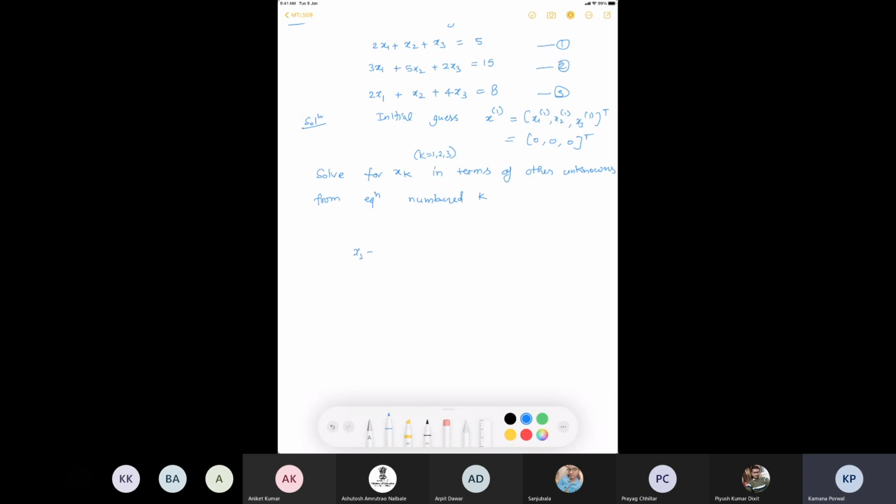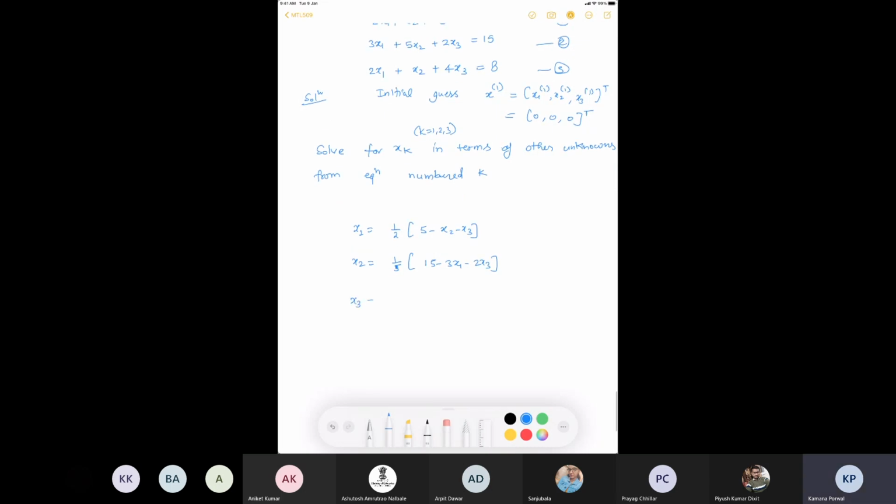I get x1 as 1 by 2 times (5 minus x2 minus x3), and x2 from the second equation gives 1 by 5 times (15 minus 3x1 minus 2x3), and x3 from the third equation gives 1 by 4 times (8 minus 2x1 minus x2).